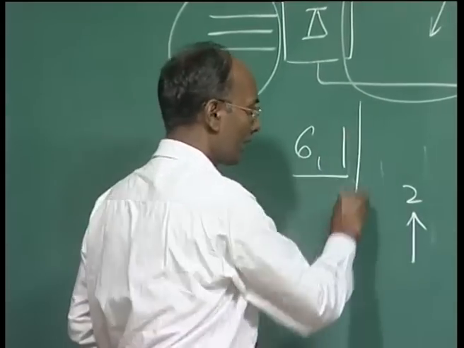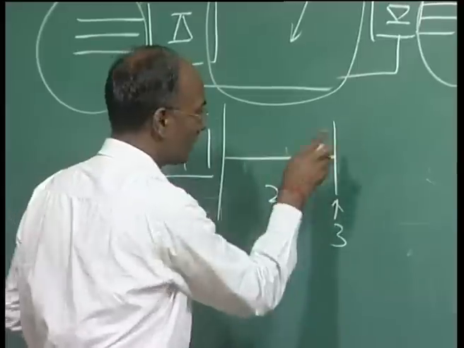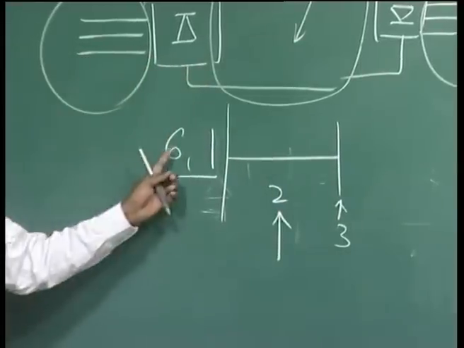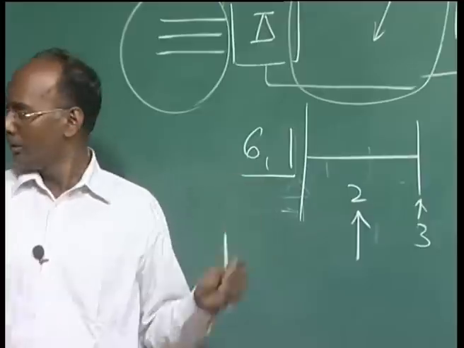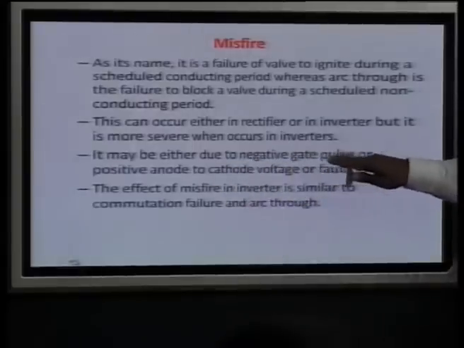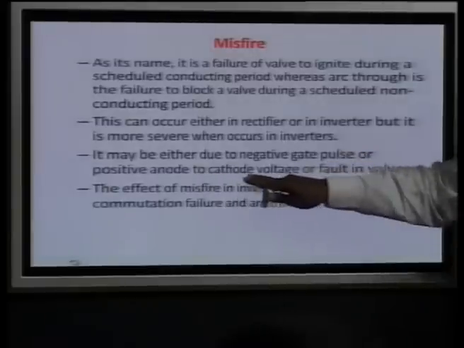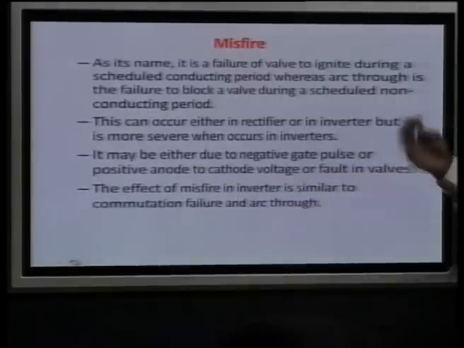Then what happens? It will continue, then the turn of 3 will come, and the commutation between 6 and 3 will be there, but a dead short circuit is there. It may be due to a negative gate pulse, or positive anode to cathode voltage, or a fault in the valve. So it is due to a certain problem that it is misfired.